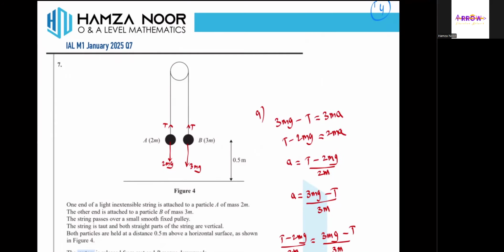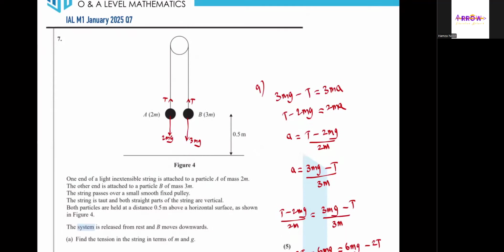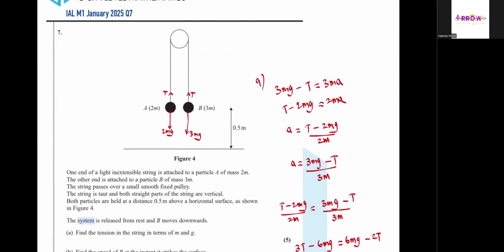So up next is January 2025, question number 7. The question says that here we have a basic case of the pulley. One end of a light inextensible string is attached to a particle A of mass 2m kg. The other end is attached to a particle B of mass 3m kg. The string passes over a small smooth fixed pulley.